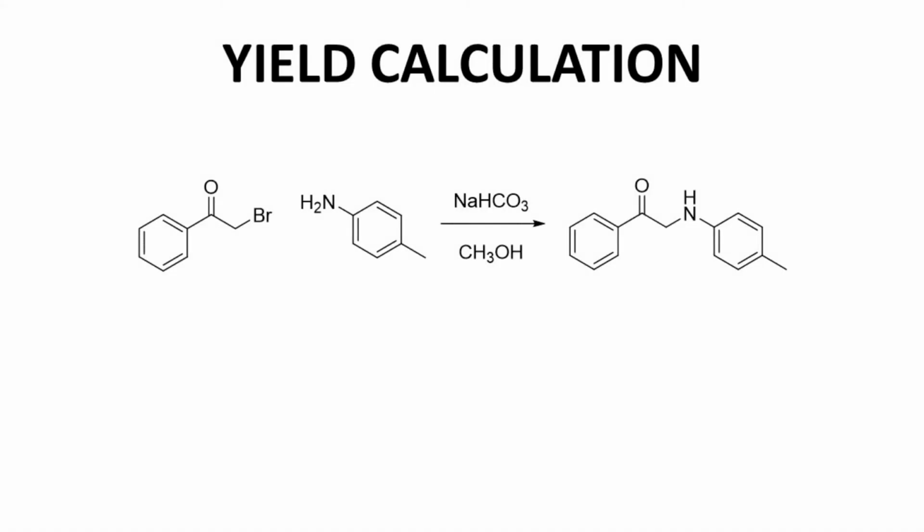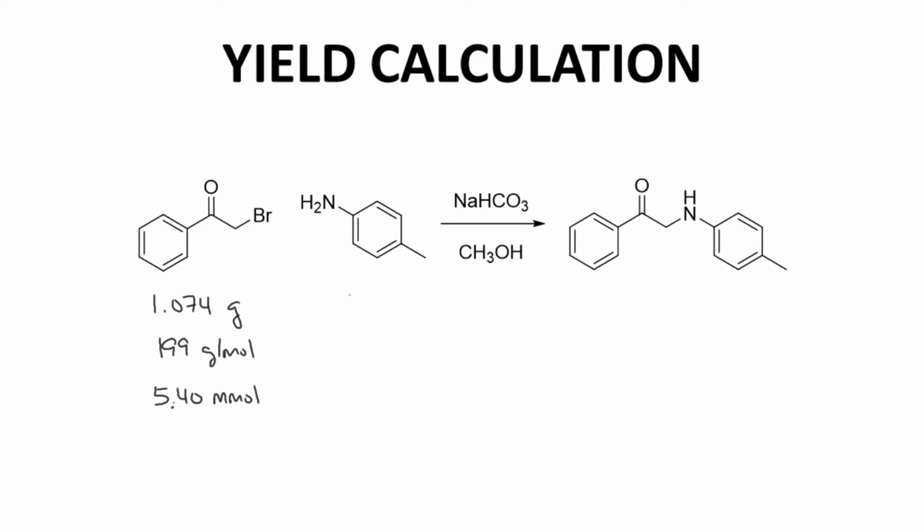Well, even though our material is not pure, we can go through the process of determining the percent yield. So for our starting bromide, we used 1.074 grams of material. This has a molecular weight of about 199 grams per mole, and that gives us about 5.4 millimoles of that reagent.